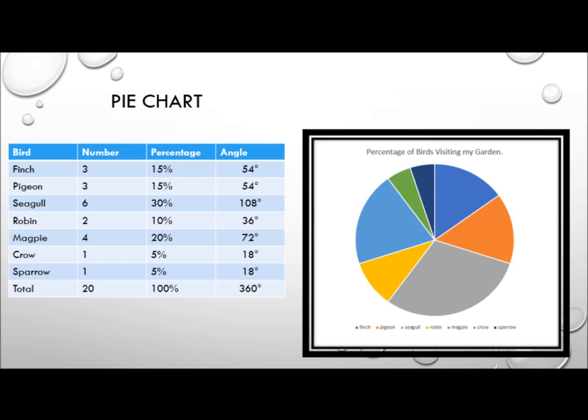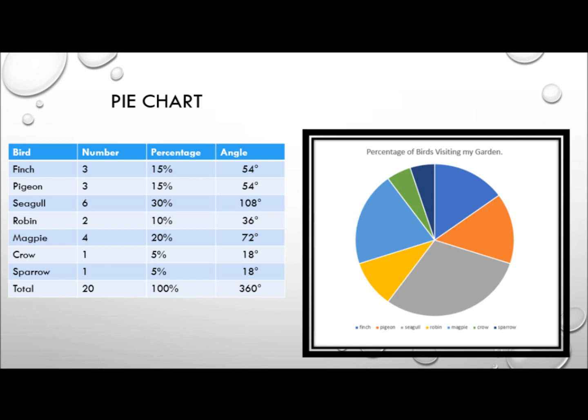One little word of caution: in these angles, they all add up very nicely to 360 degrees, just like the percentages add up very nicely to 100%. Chances are on your GCSEs they will add up that nicely, because the examiners are just trying to test if you know how to do a pie chart.